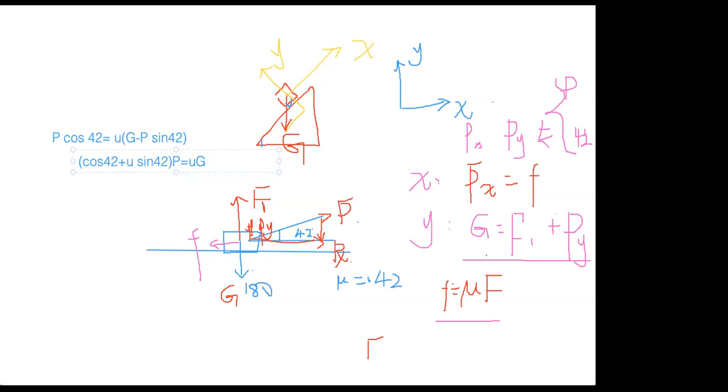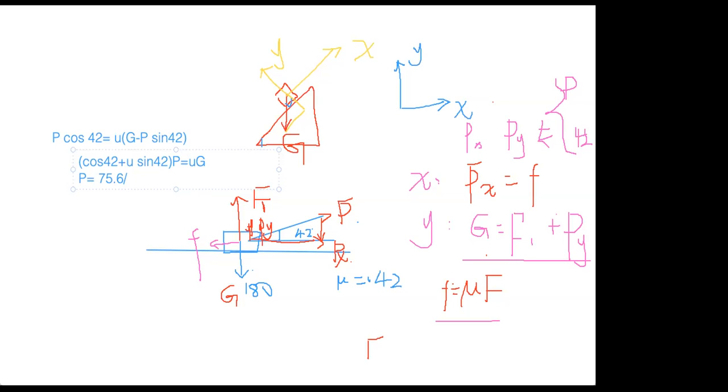Yes. And then you want to get P equal to mu g over that, which will be 180 times 0.42. Yes. 75.6. 75.6 over. So you have to solve this one.